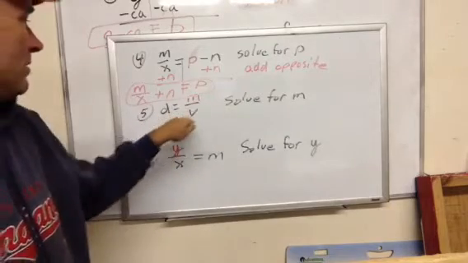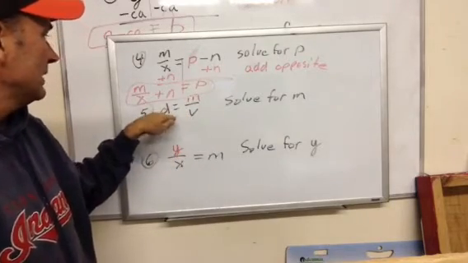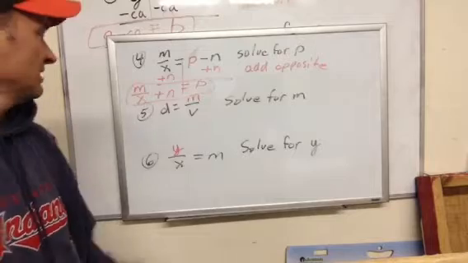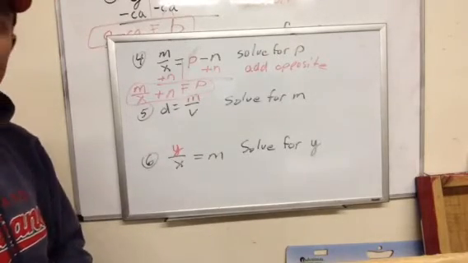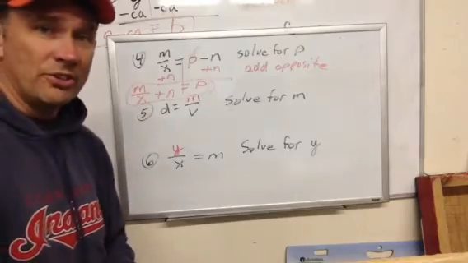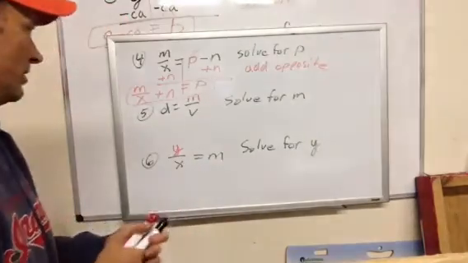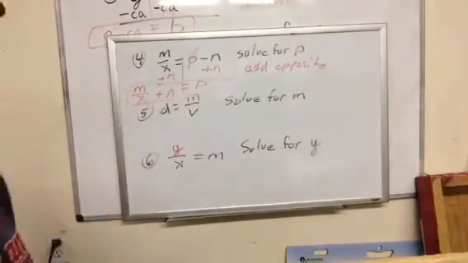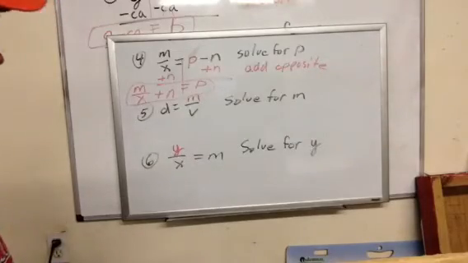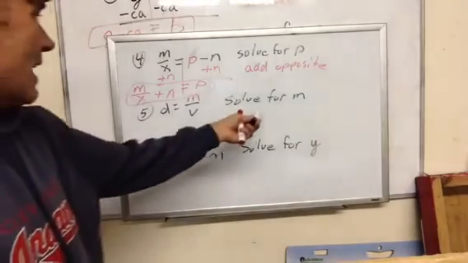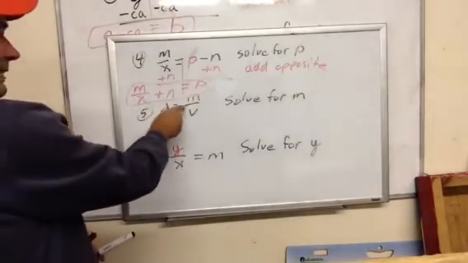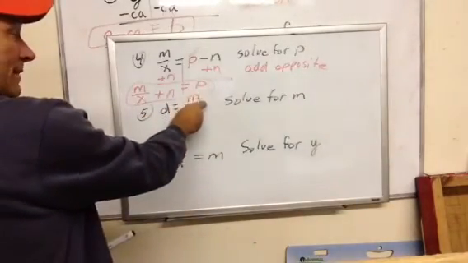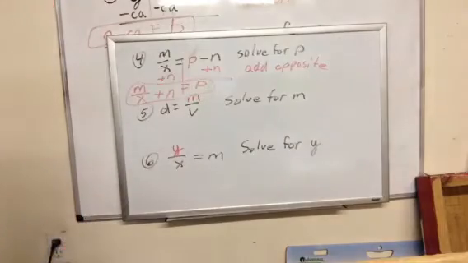Now here's a formula you might find familiar. D equals m over v. Density equals mass over volume. If you haven't used it in science class yet, you will this year. Definitely see it this year. And you're going to have to manipulate this to make the formula work for you. Now I want to solve for m. So I have D equals our m, which we want to get by itself, divided by v.